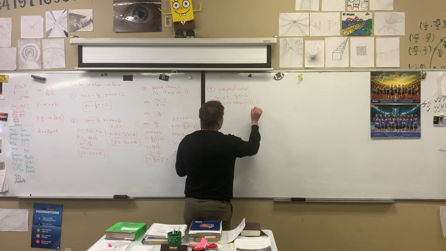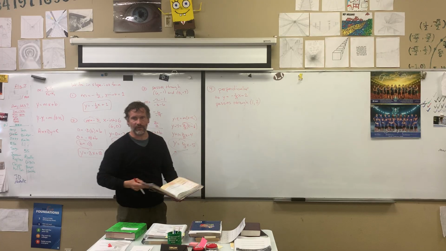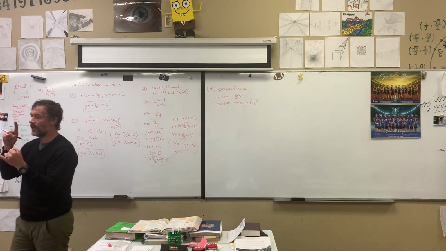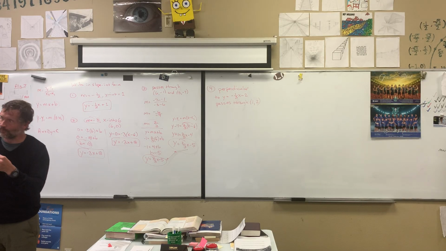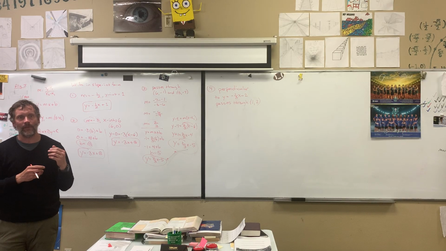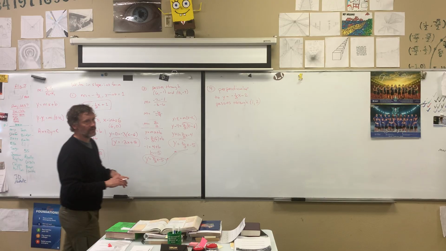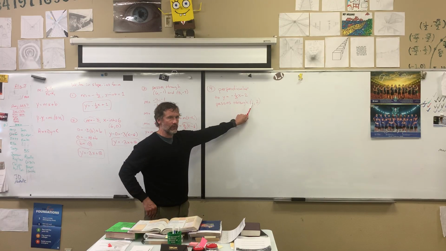So again, with everything that we're doing here, what do you need to write the equation of a line? You need a point and you need a slope. When you're looking at a problem, you're looking to identify the point and the slope. In this case, did they give you a point that it goes through? Absolutely, they gave you (1, 2).